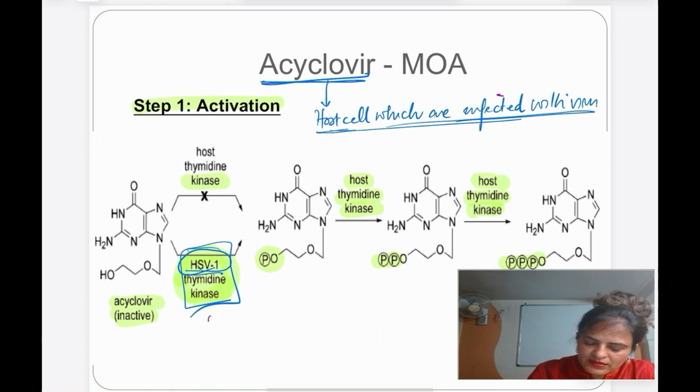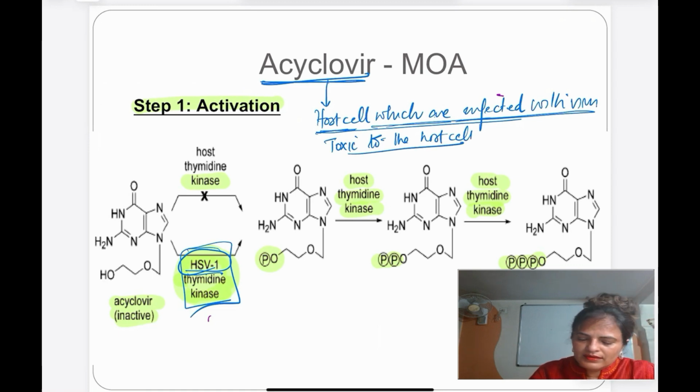That means this acyclovir is not very toxic to the host cell, because it mainly enters the host cells which are infected with the virus. So it is not effective in the host cell which is not infected with the virus.